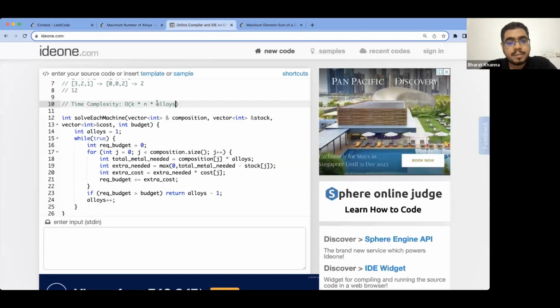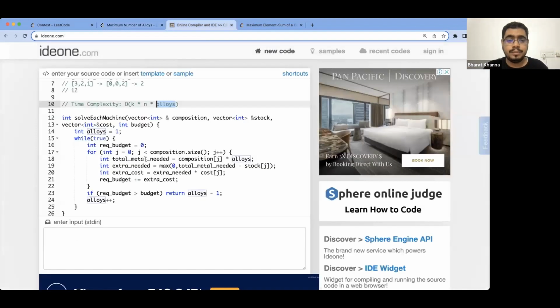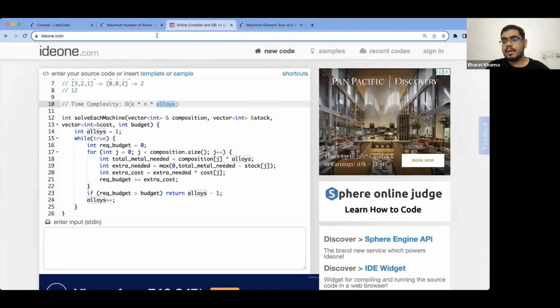So that is why this complexity would increase a lot. Like k into n, if we think about it, k into n is already 10^4. So 10^4 into 10^8, that will be a lot. Does this make sense? Why this will TLE our code? Yes or no? The number of alloys can be very high.